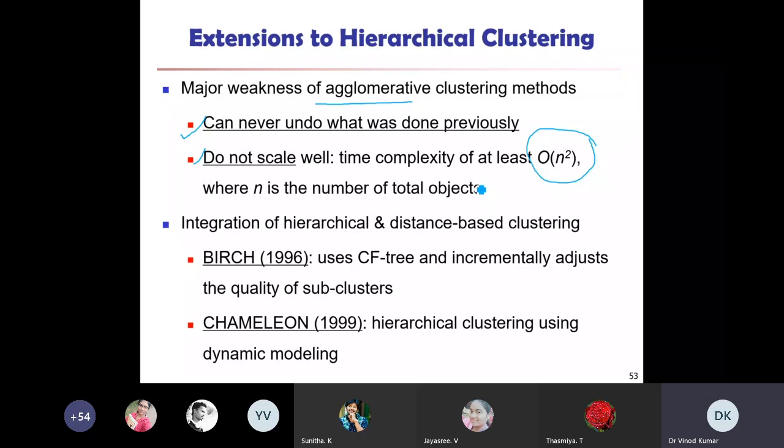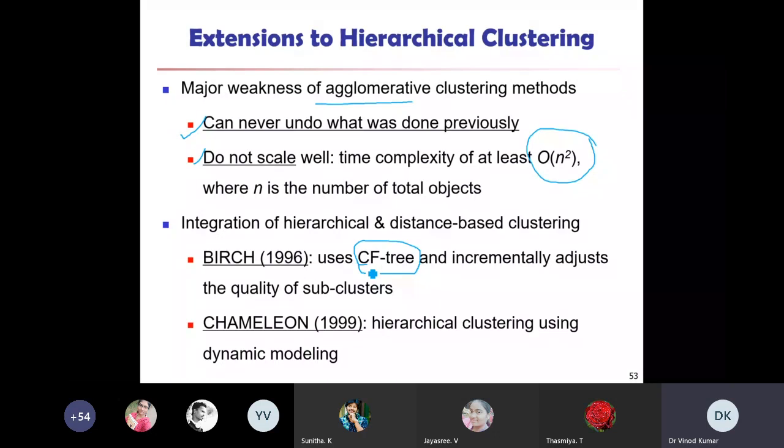Next, integration of hierarchical and distance-based clustering. Then we come to the BIRCH algorithm, 1996, which uses the CF tree and incrementally adjusts the quality of sub-clusters, and Chameleon is also there.